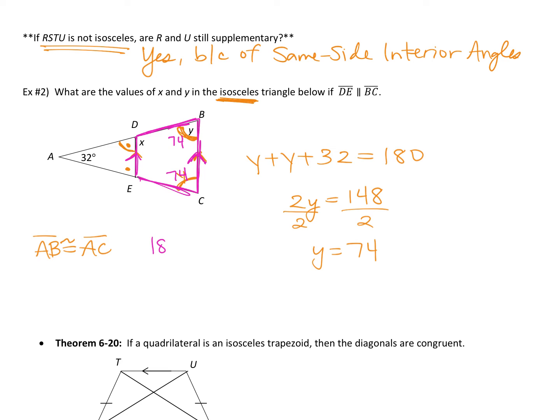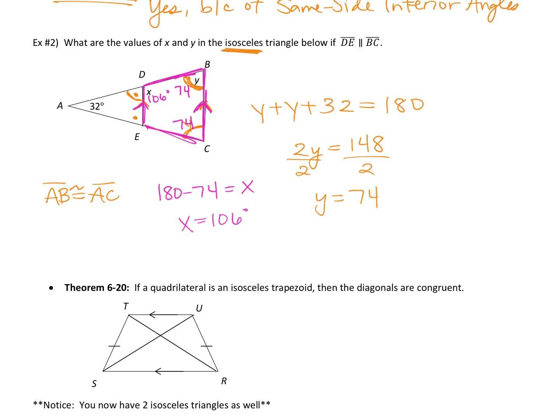So if we do 180 minus 74, we'll get the value of X, which is 106. Does that make sense? We're totally pulling in chapter 3 again here, right? Lots of chapter 3 showing up. Any questions on that?